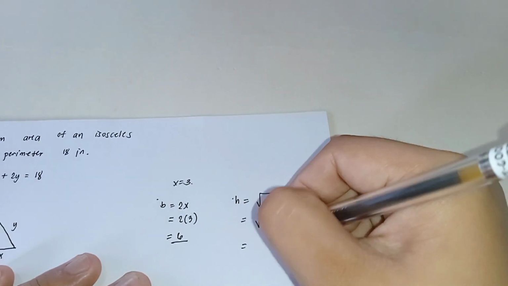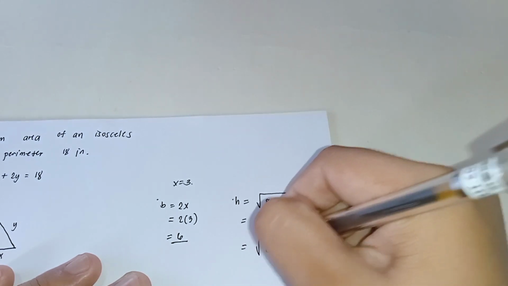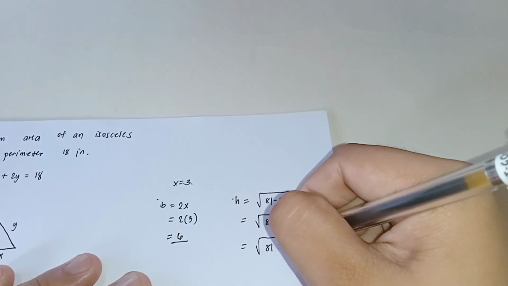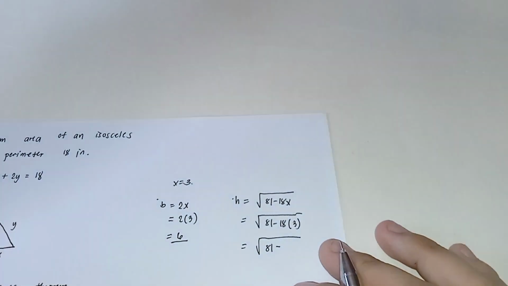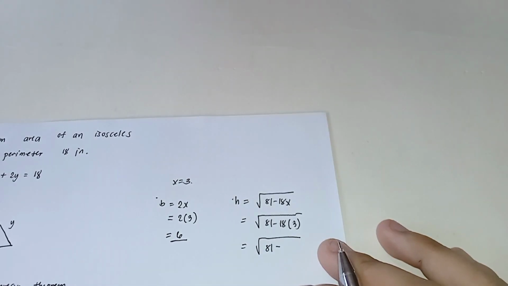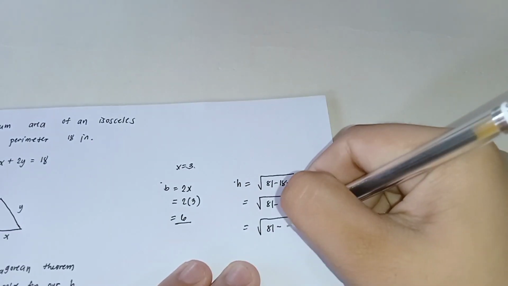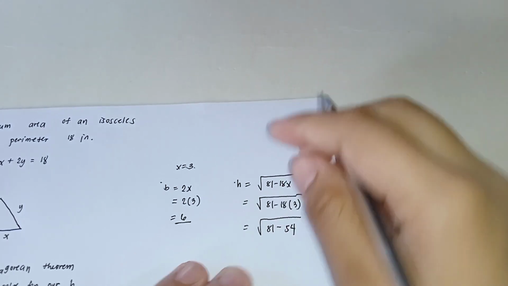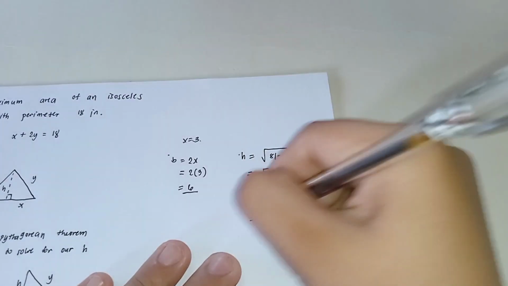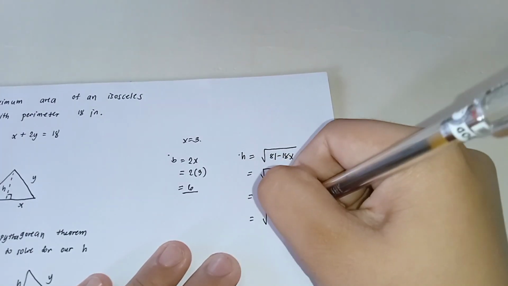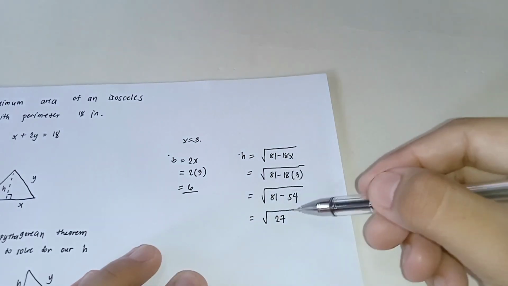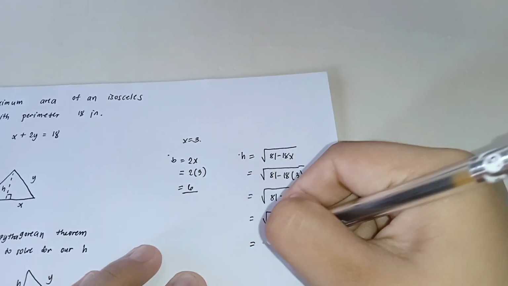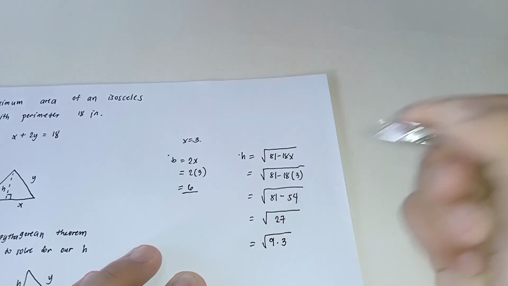So square root of 81 minus 18 times 3, 54. So square root of 81 minus 54 is equal to square root of 27. And we could say that 27 is a product of 9 times 3.